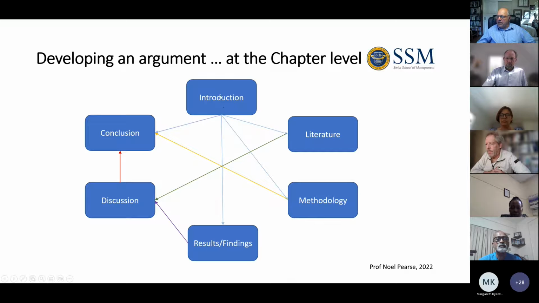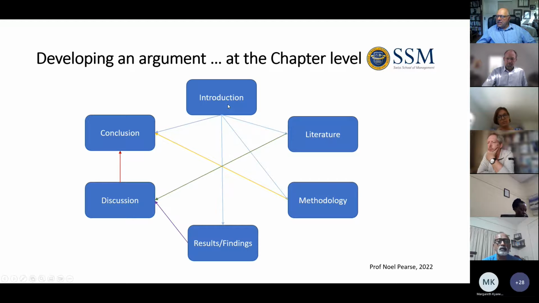If you first look at the macro level, you can see your introduction. A lot of people will say you must refine the introduction towards the end, as well as the conclusion. But as you can see, there is the developing of the argument throughout the document, and these are all interrelated. Your introduction will talk a little about the literature, the methodology, and maybe the potential findings.